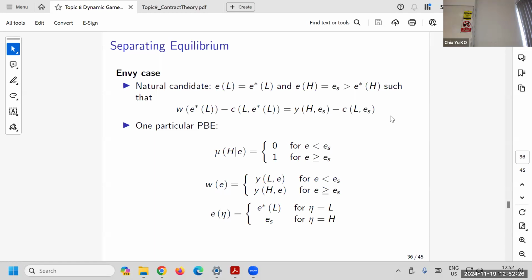You ask the high type to do more. The reason is that education is more costly for the low type. By what we call involution, we do more than what we should. We just try to make sure that the low type cannot follow.